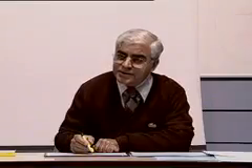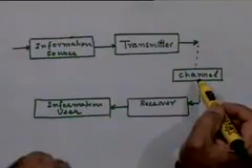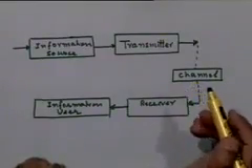the fact that you have to match the signal characteristics coming out of the signal source with the channel characteristics through which the signal will finally have to be transmitted. Right? Now what do you mean by that? Let's take an example.